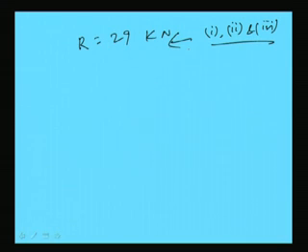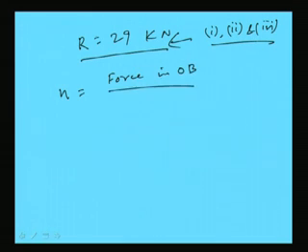Now, on this basis we can find out the number of rivets required, because we know the force. So, number of rivets required will be force in OB by rivet value. So, force in OB we have 106 kilonewton and rivet value we got 29.